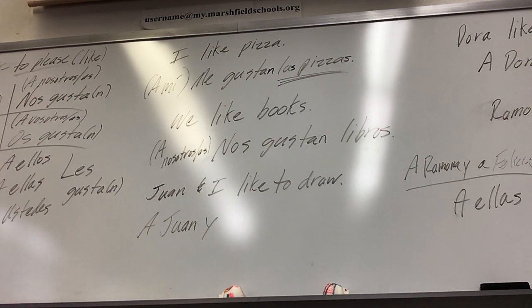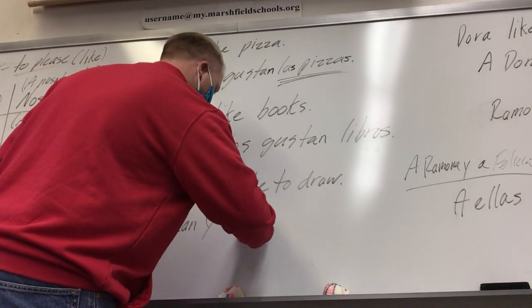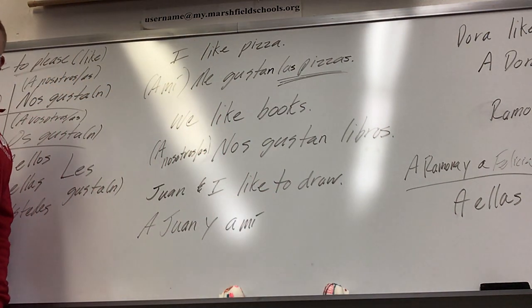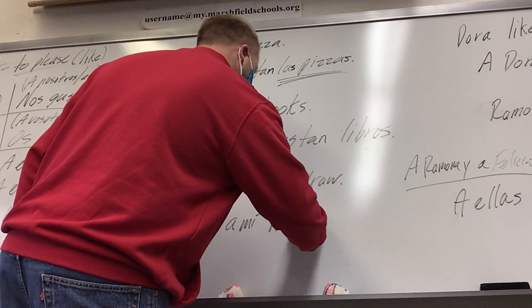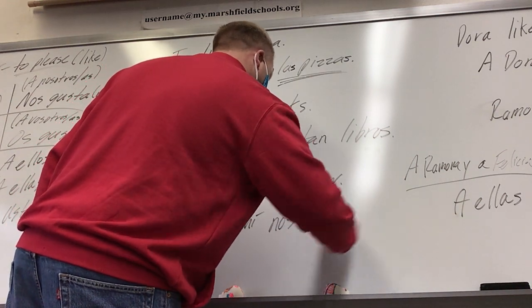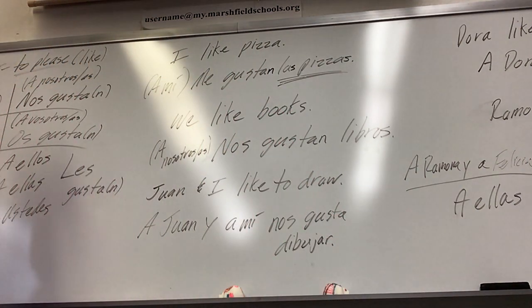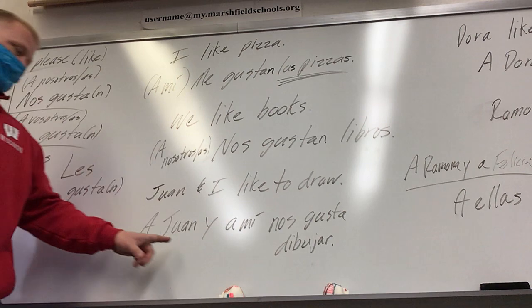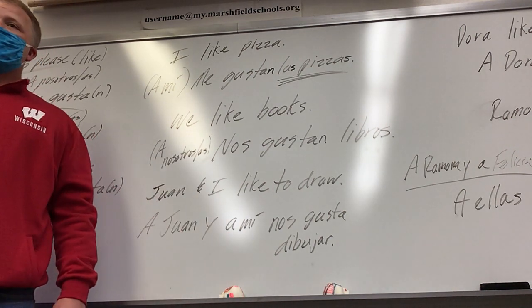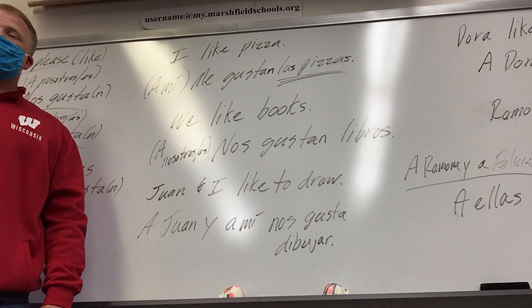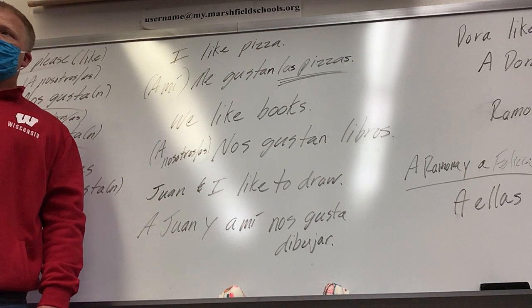Remember we said we never use yo, never use tú with gustar. What do we use instead of yo and tú? Me and ti. So what are we going to use here? Me. We like, the expression is nos gusta. And a word to draw is dibujar. So drawing is pleasing to Juan and to me. See? Does that make sense?